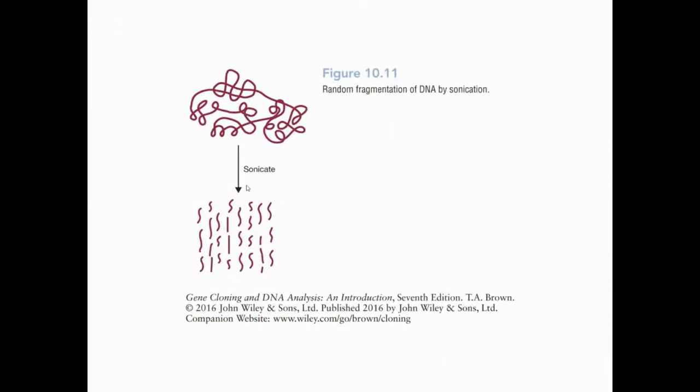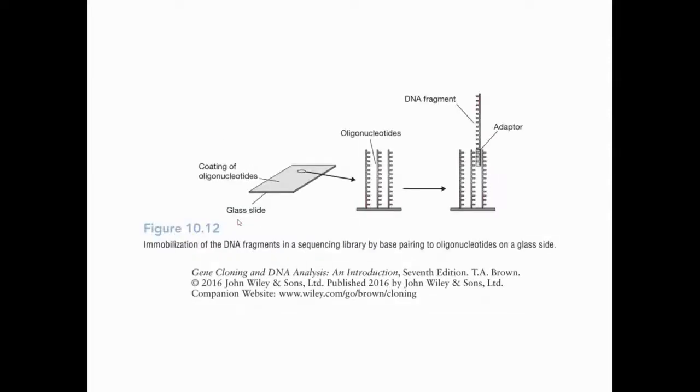So they have the genome, and then you sonicate the DNA using a sonicator, so it becomes small fragments, all right? And then the DNA fragment with the adapter is attached to the beads.